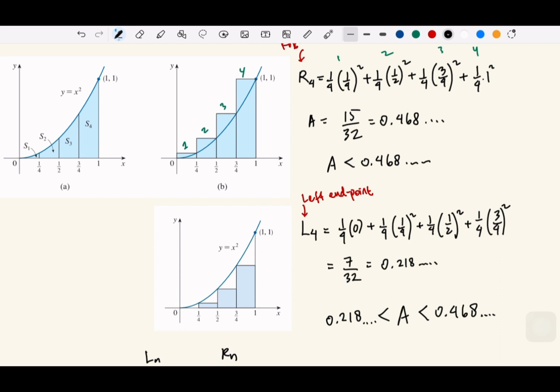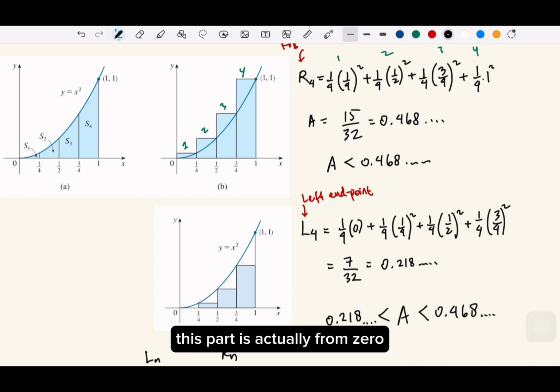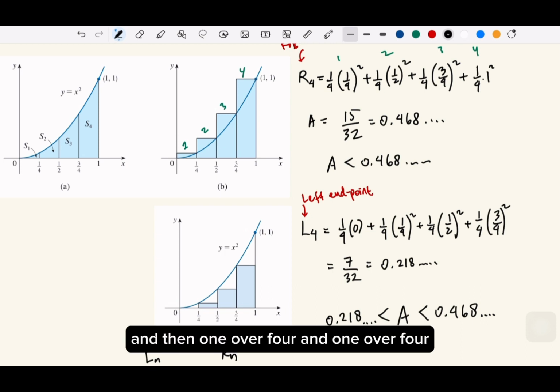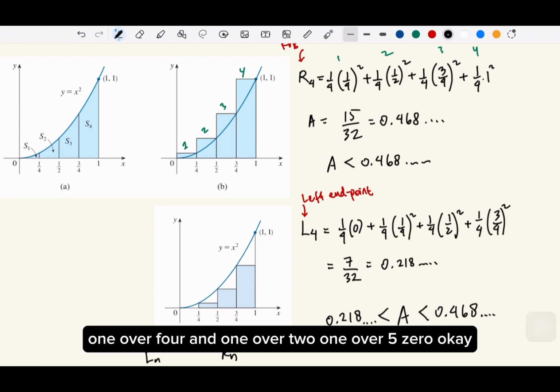So we have 1/4, 1 over 2, 3 over 4, and 1. This part is actually from 0, because you can think this is a rectangle, but it's not having any distance, 0 height. So 1 over 4 and 0, and then 1 over 4 and 1 over 4, 1 over 4 and 1 over 2, 1 over 4 and 3 over 4.